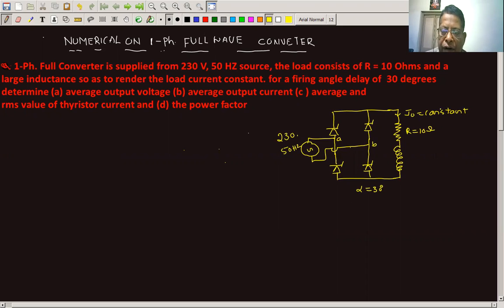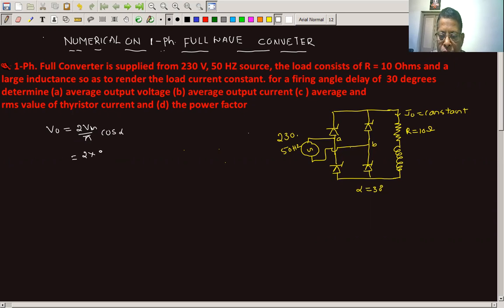So here we have to find out the average output voltage. Already we know the formula for the average output voltage: V naught equal to 2 Vm by pi cos alpha. Vm is nothing but the maximum input voltage.